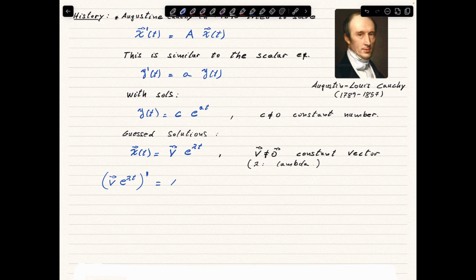On the other side, we have the matrix A acting on that vector v multiplied by the exponential lambda t. So that is what we have when we put that into the equation.